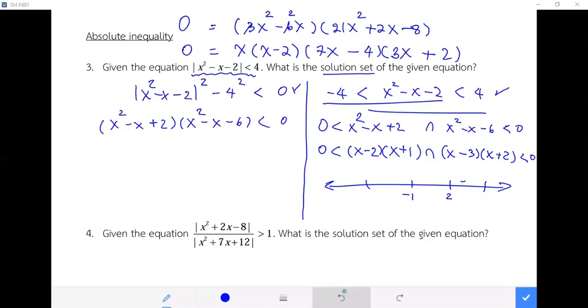No. I shouldn't join them. I should have negative 1 and 2. Right? This one is negative 1 and 2. Oh, I'm sick now. Okay, negative 1 and 2, and then plus, minus, and plus.